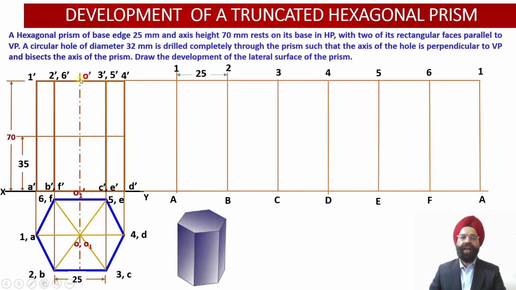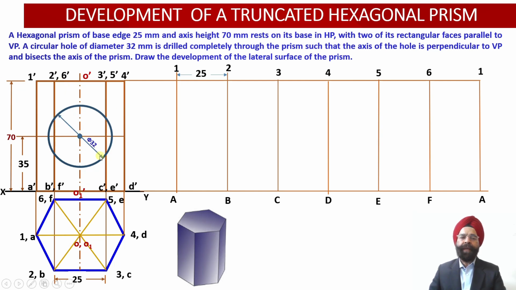So here we have 70 millimeter as the axis of this prism, O'O1'. Once we bisect this axis, we obtain that at a distance of 35 millimeter from the base, we have located a point on the axis of this hexagonal prism, and this point will serve as the center for this particular hole having diameter equal to 32 millimeter.